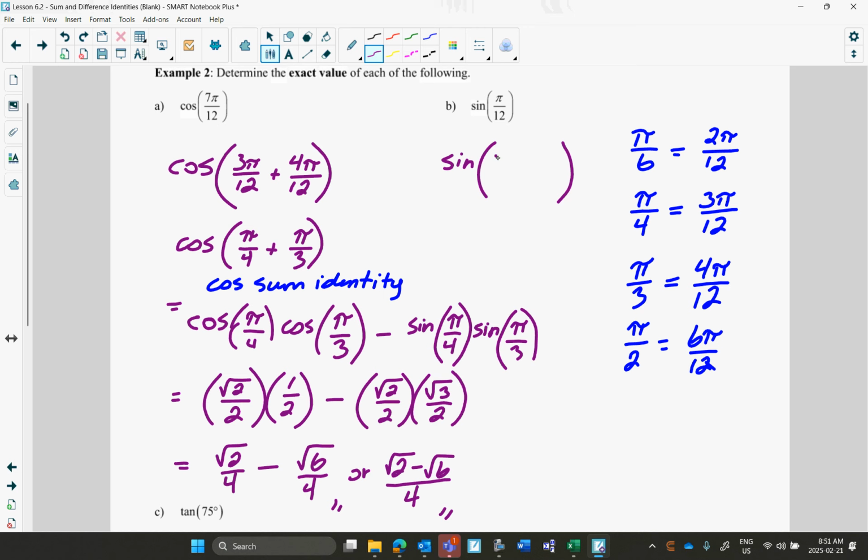So it would be 3 pi over 12 minus 2 pi over 12, which is the same thing as sine of pi over 4 minus pi over 6.